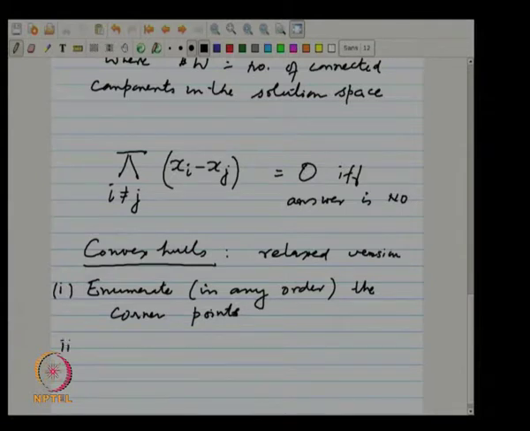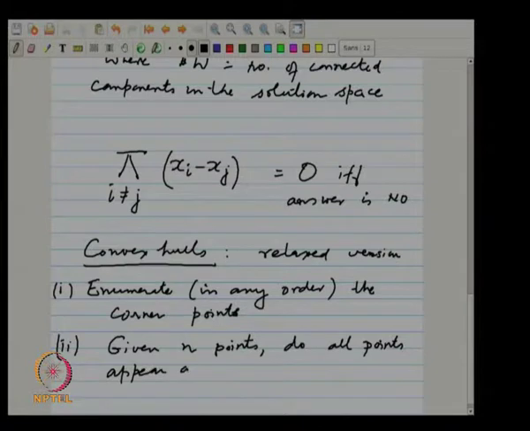Another version could be, since we are more comfortable with lower bounds for decision problems, let us make it a decision problem. Given n points, do all points appear on the convex hull? This is certainly a decision version, a decision problem.